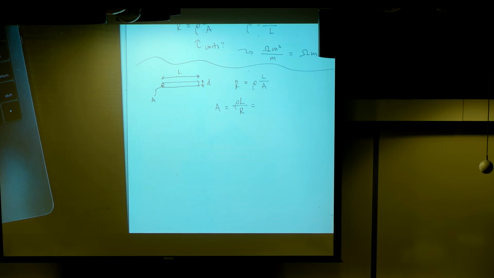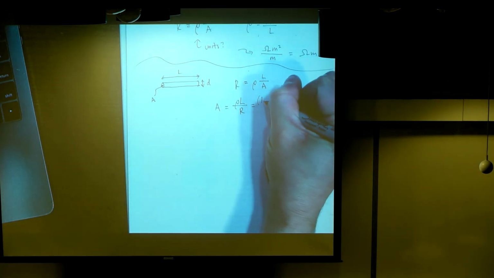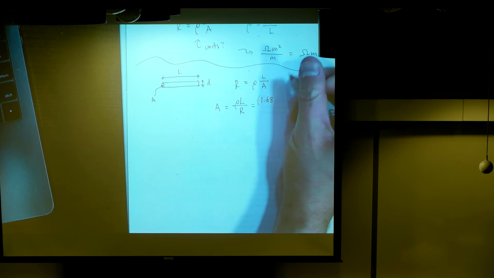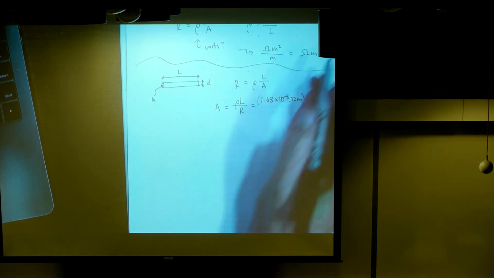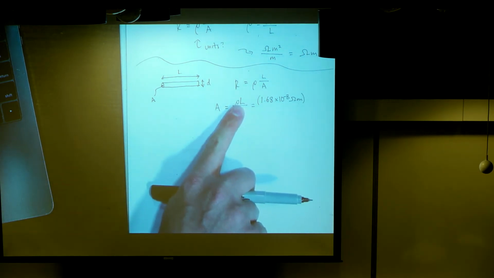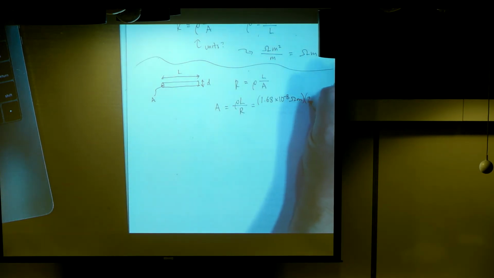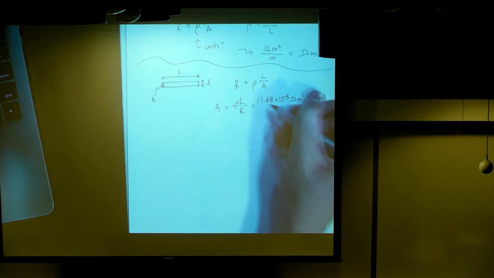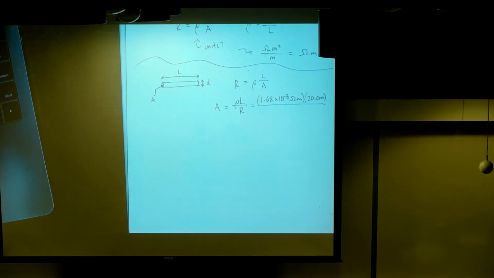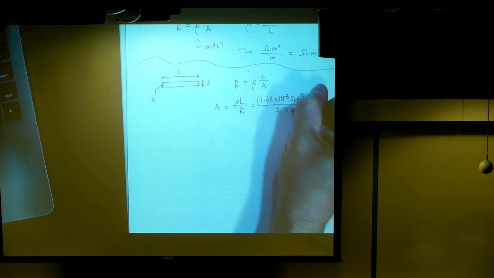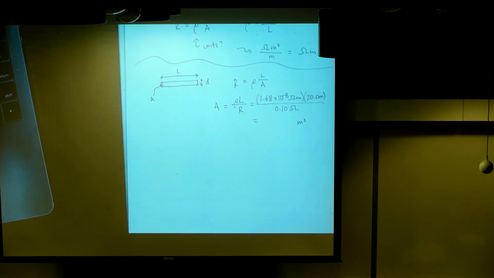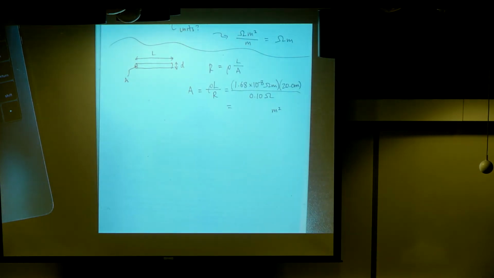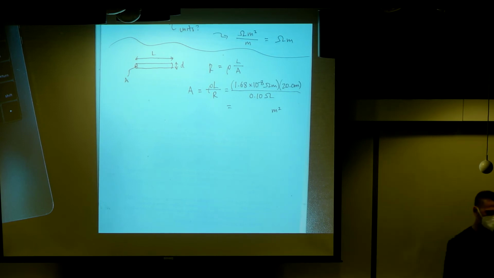We're using a copper material, so this is resistivity 1.68 times 10 to the minus 8 ohm meters. It just so happens that the length that's required is 20 meters, so that's L. And the desired resistance is 0.1 ohms. So we can see that unit-wise, this comes out in meters squared. That makes sense, given that we're finding an area. So what is the area? Could someone give me that?